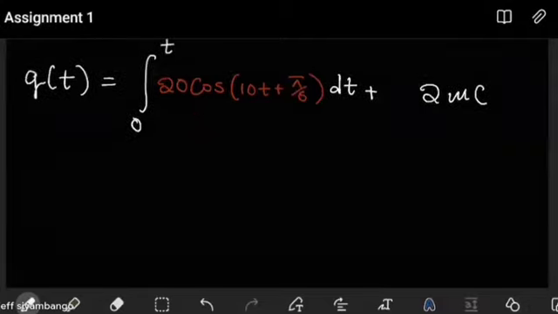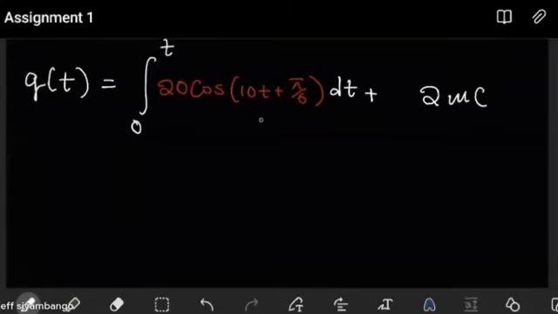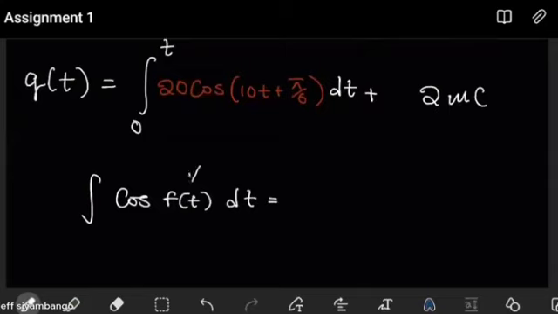Okay. Now, how are we going to do this? To integrate cosine, don't forget, an integral is the reverse of a derivative. So we can choose a few methods here. I can choose to use a u substitution, or I can just go directly. So remember how you integrate. If you wanted to get the integral of, let's say, cos f of t with respect to t, then firstly, you'd have to differentiate the argument.